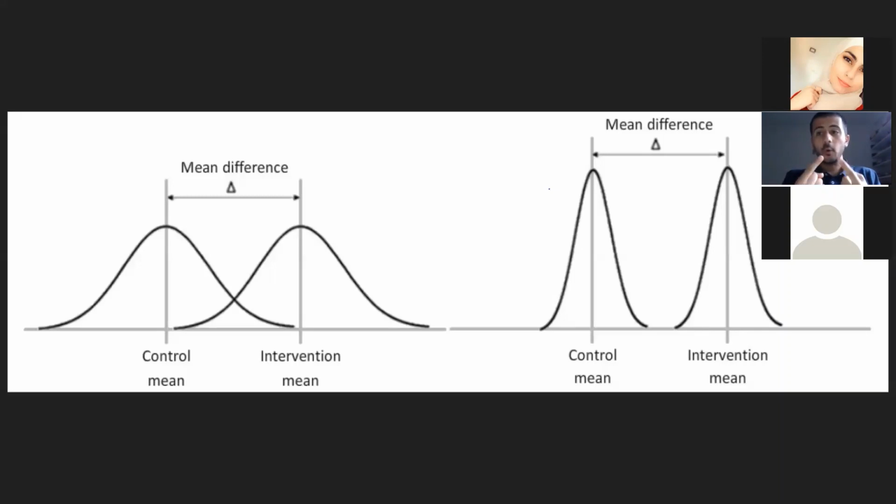Or the variance is higher for each of those two distributions. So they are still here, but the distribution is wider, so they overlap. I hope you are seeing my face because I'm representing them with my hands.